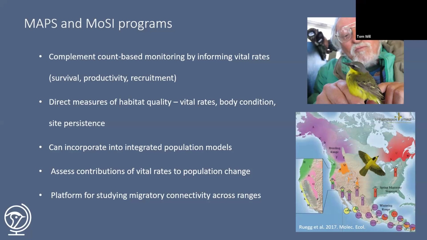But in addition to that, I hope people will think about these programs as platforms to get other kinds of hardware and other sorts of methods, for isotopes or geolocators, things to also better understand connectivity across broad spatial scales between non-breeding and breeding areas.